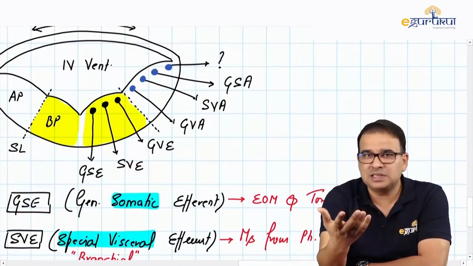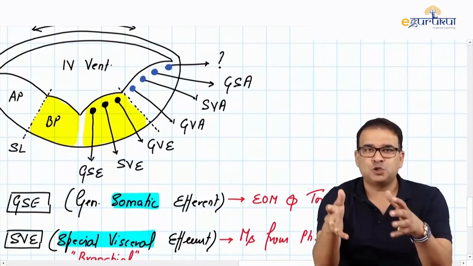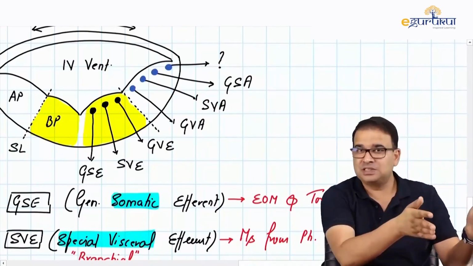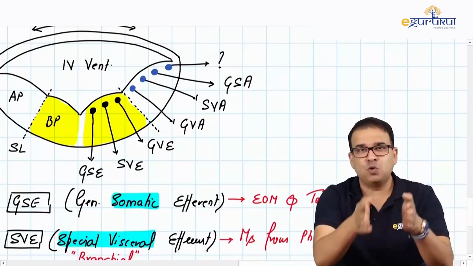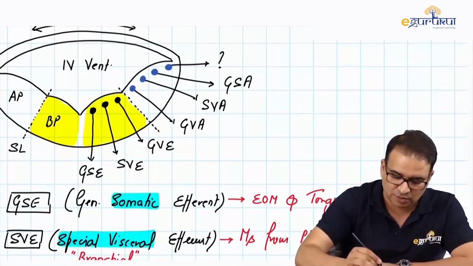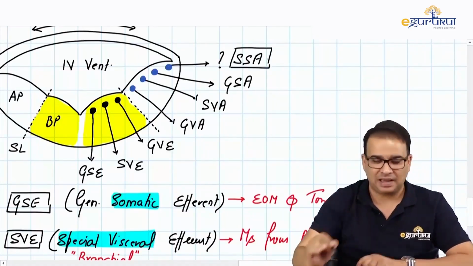These are also special sensations, but because they are coming from a somatic structure, there has to be a separate column for them, which is called special somatic afferent. And that's why we have an additional column here, which is called SSA, special somatic afferent.